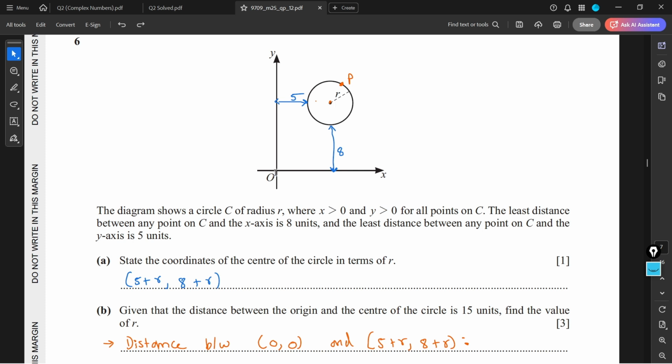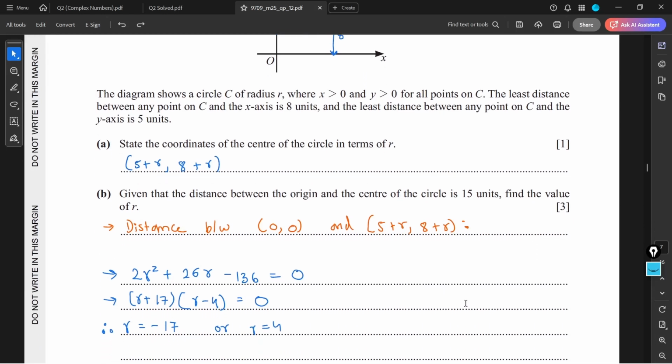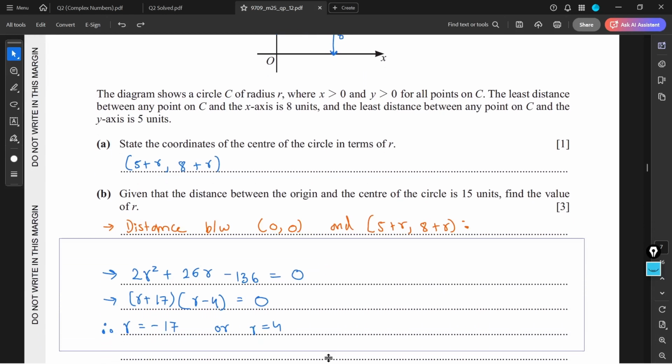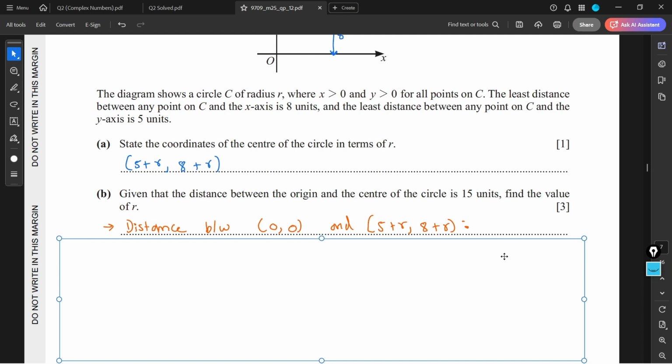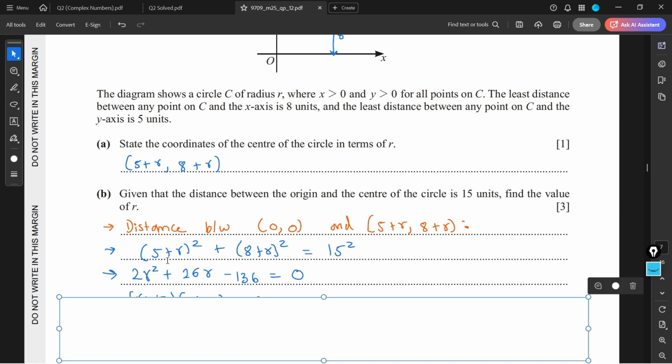Because we already know that the distance from the origin to the center is 15 units, I can use the distance between two points formula from the AS level to find out the value of r. In doing so, the formula that I've used is (x2 minus x1) squared plus (y2 minus y1) squared is equal to 15 squared. If I can just show it to you right over here.